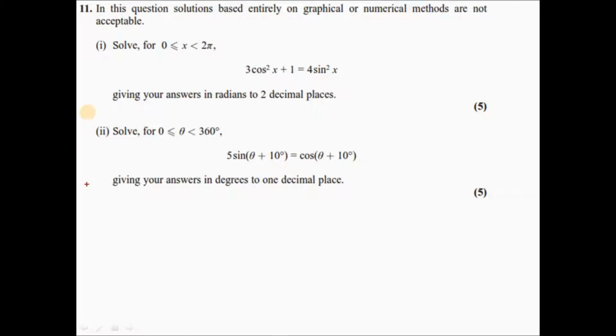In this question, solutions based entirely on graphical or numerical methods are not acceptable. We need to solve in the interval 0 to 2 pi the equation 3 cos square x plus 1 equal to 4 sine square x, giving an answer in radians to 2 decimal places.